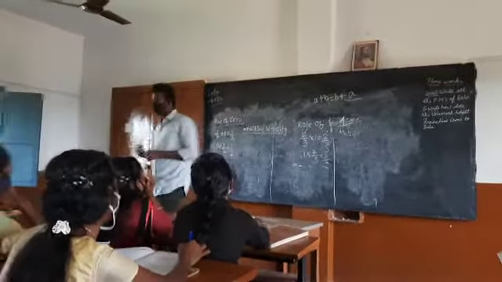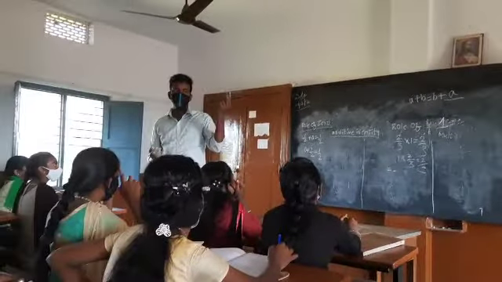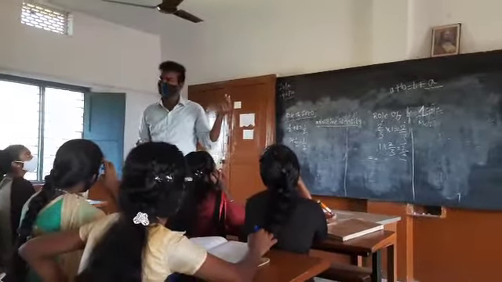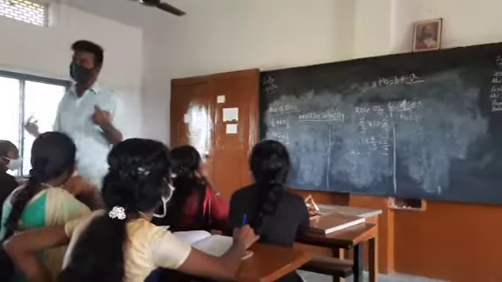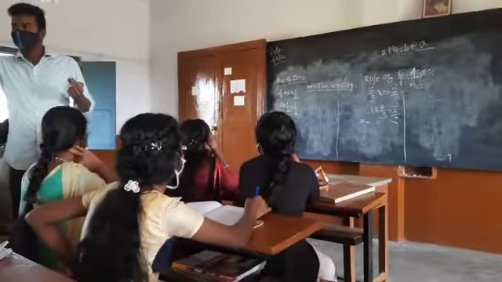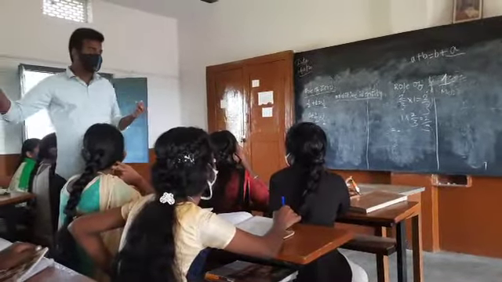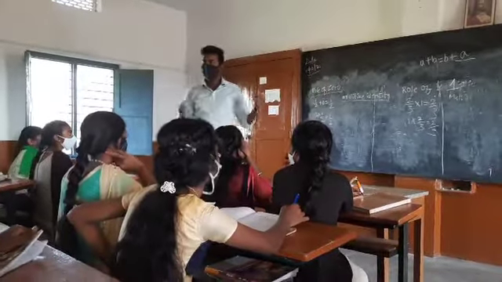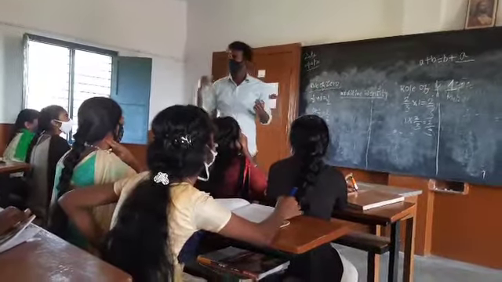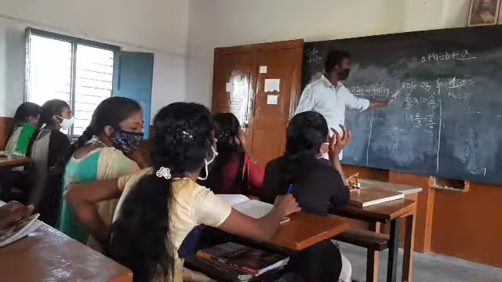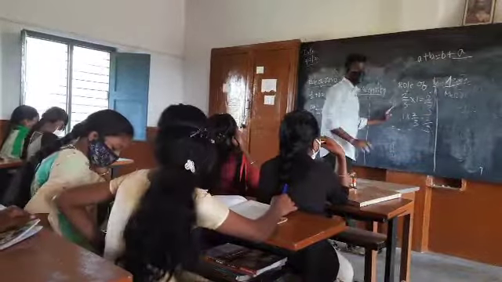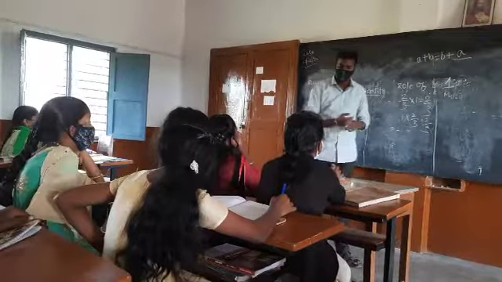Distributive property: how many operations are there? Two, under addition and under subtraction. Do rational numbers follow distributive property under addition? Yes, sir. Under subtraction? Yes, sir. That is all we have discussed. With the examples, we got clarification that these are the properties which rational numbers follow.